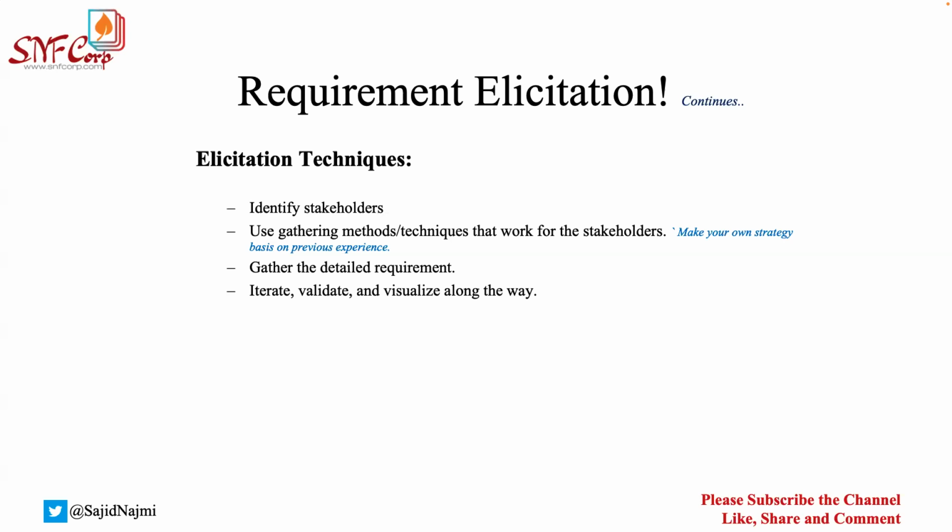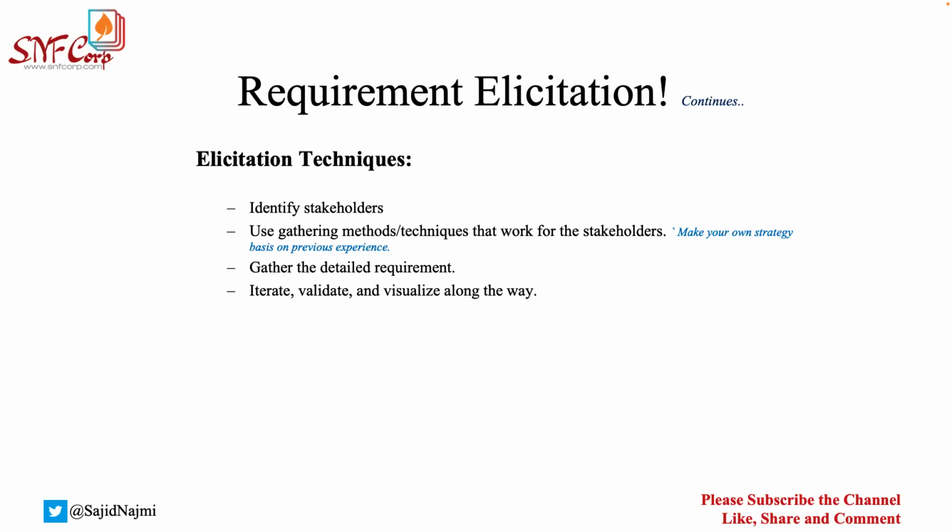Once you have the stakeholders identified, you should find out what technique you are going to use to capture the requirements from one or all of the stakeholders. The key point to remember here is that one technique will not work for all the stakeholders.